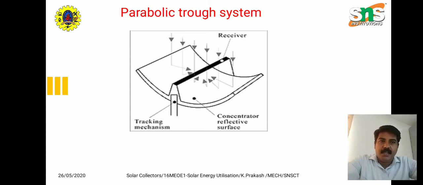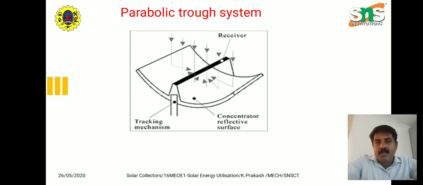The receiver absorbs the heat energy. When the solar radiation falls on the concentrating reflective surface, it is reflected towards a particular point.